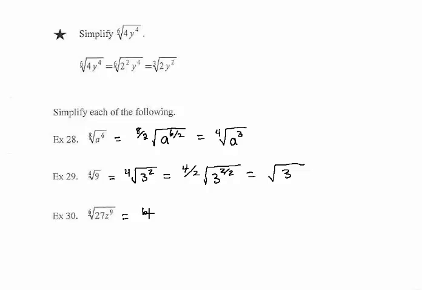Finally, we have a sixth root of 3 cubed and a z to the 9th. 6, 3, and 9 are all divisible by 3, and so we'll do that.